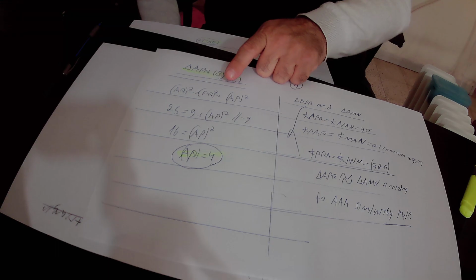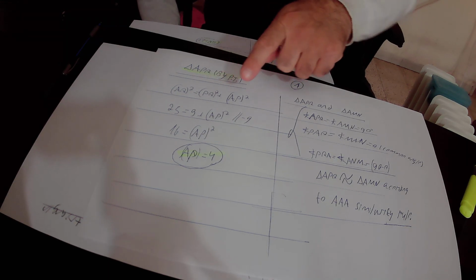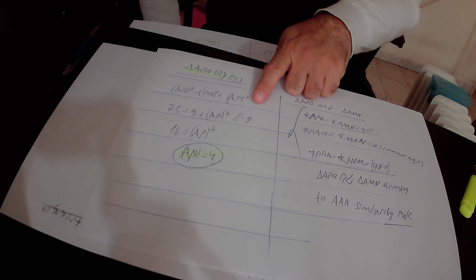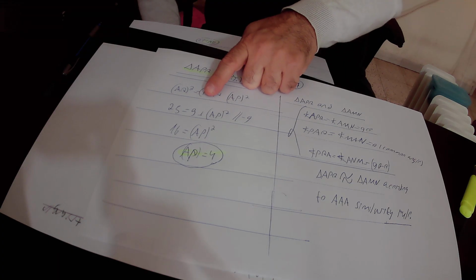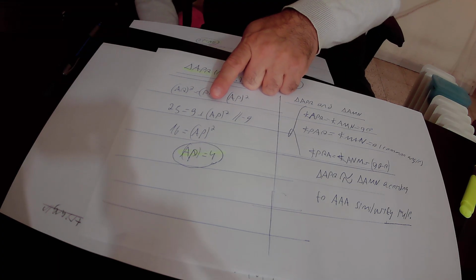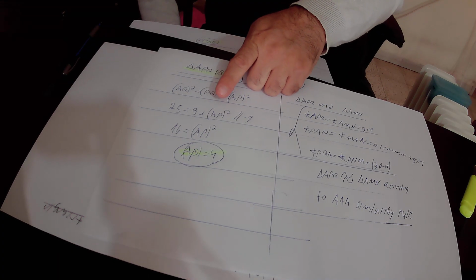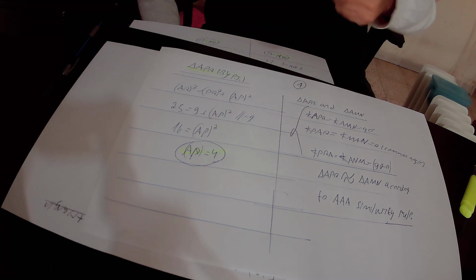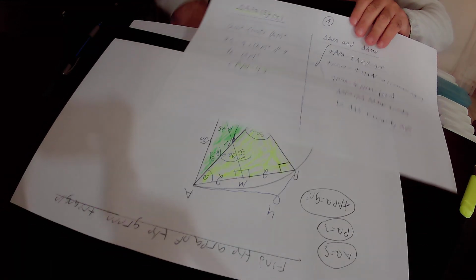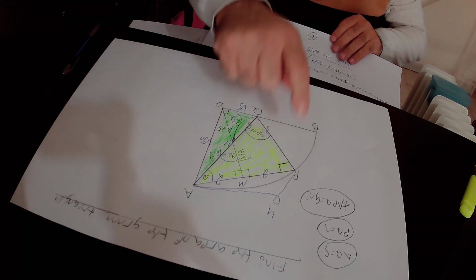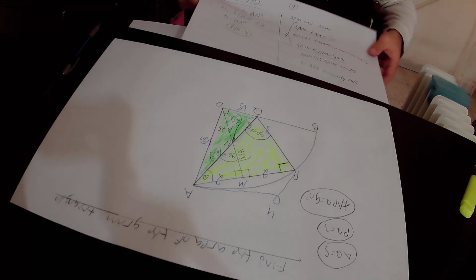PQ equals 3, so PQ squared is 9, plus AP squared. We subtract 9 and find that 25 minus 9 is 16 equals AP squared. Taking the square root, AP equals the square root of 16, that is 4. So line segment AP equals 4 units in length.